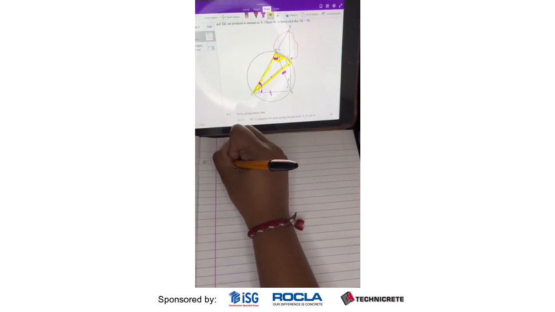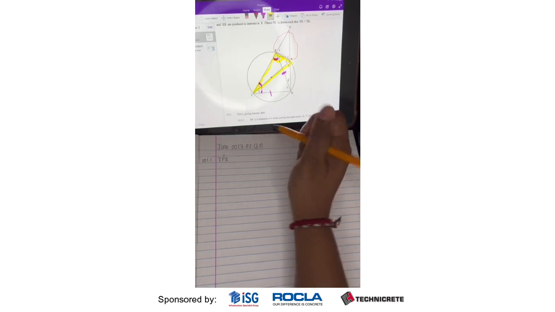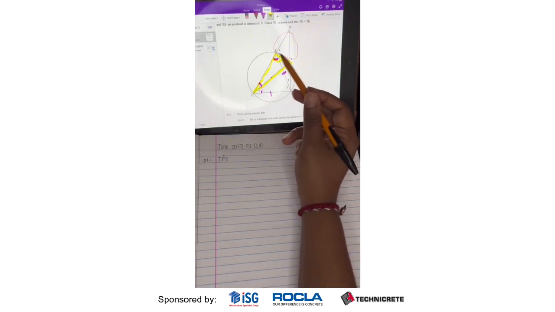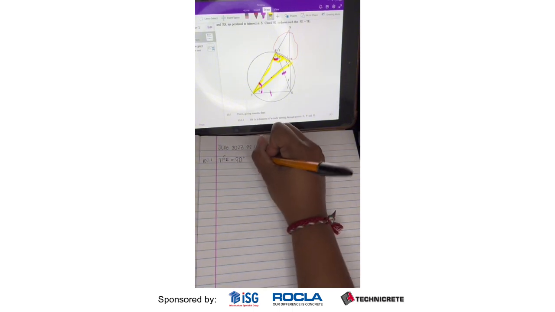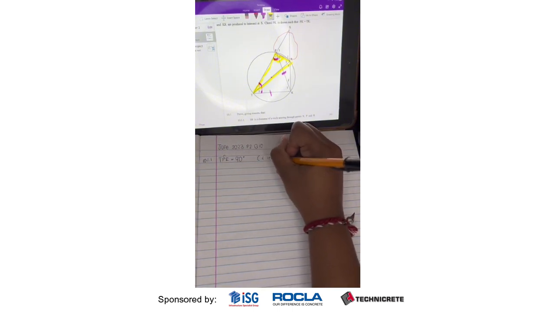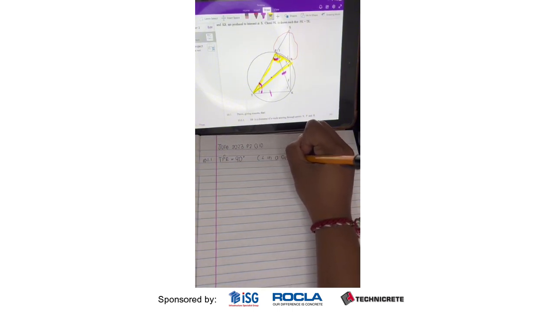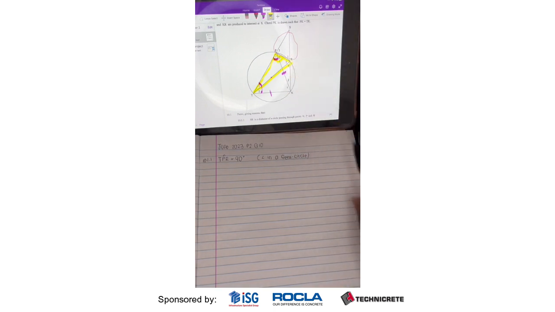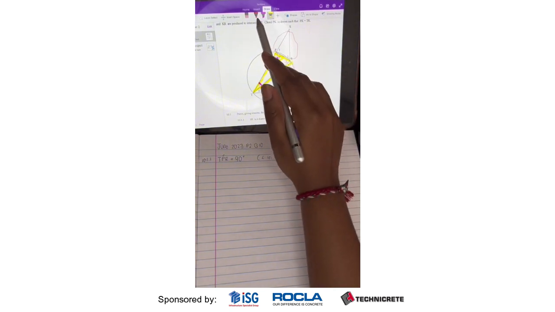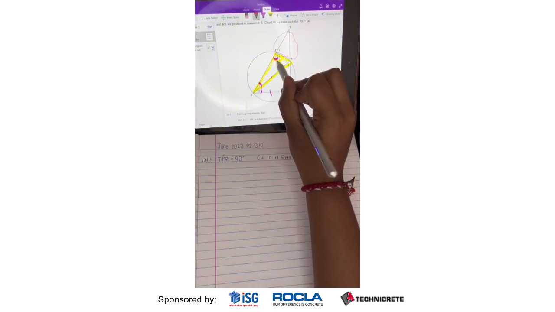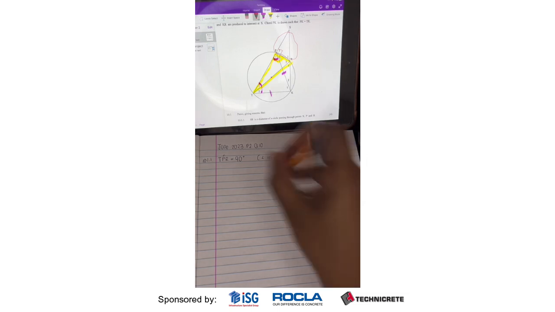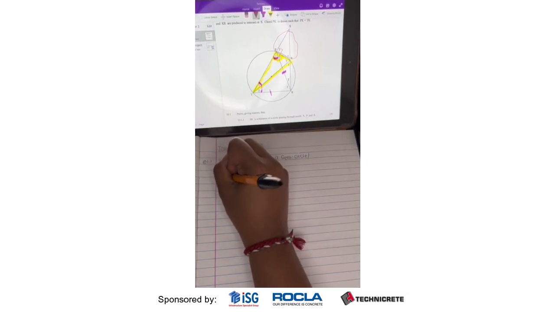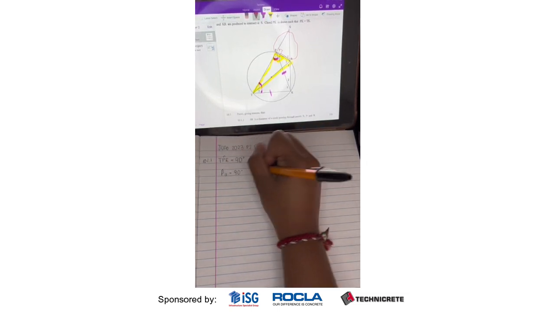So angle TPR, that angle P there, which is P1 and 2, is equal to 90 degrees, and my reason is angle in a semicircle. And if that is 90, then angle P3 is also 90. Therefore, P3 is 90, and my reason for P3 being 90 is angles on a straight line.